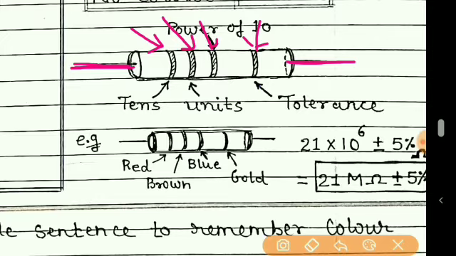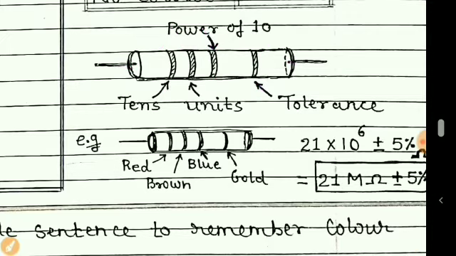Color rings can be found on these resistors. These 3 bands are close to each other, but one band is away from it. That means this distance will be a little larger, and so this band is considered the last band, and from this side it is considered the first band.